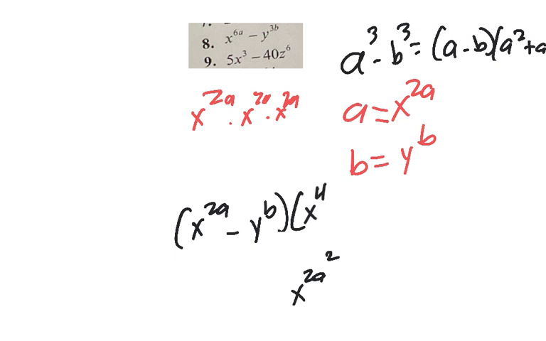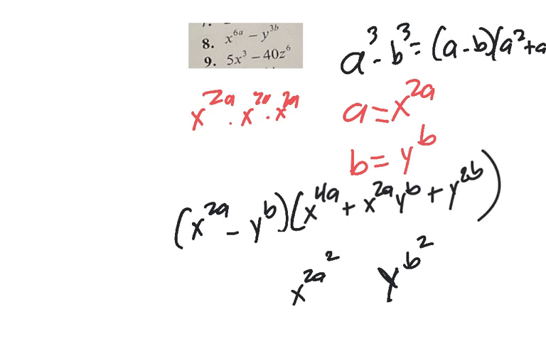This becomes x to the 4a plus a times b would be x to the 2a y to the b, and then b squared would be y to the b to the second, which would give me y to the 2b. How we multiply again. And so that would be my answer for 8.